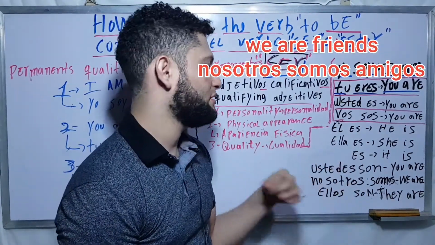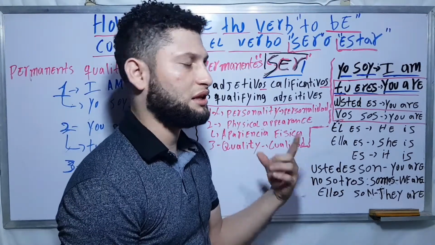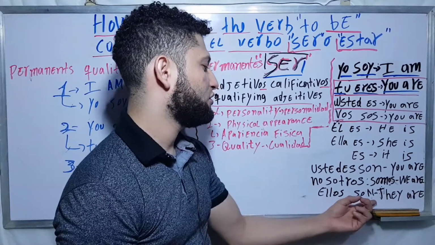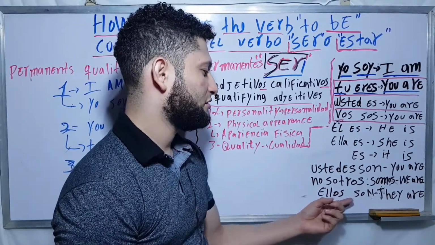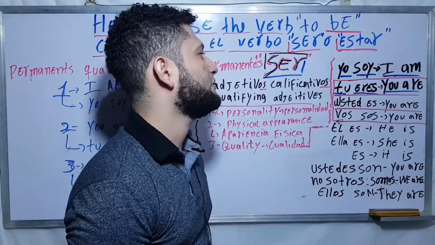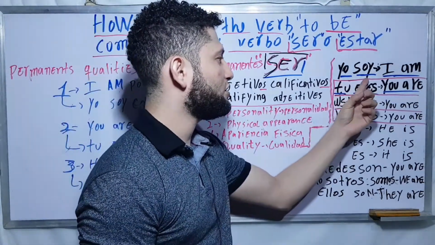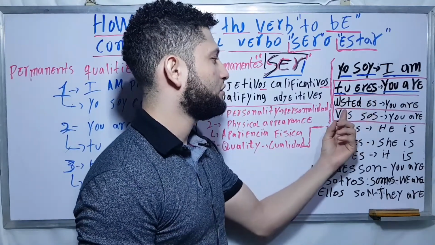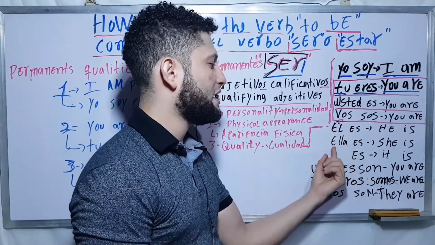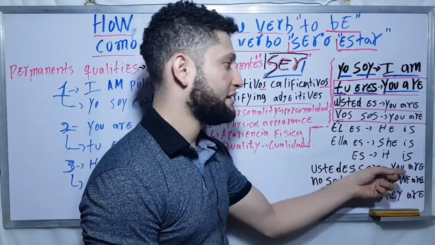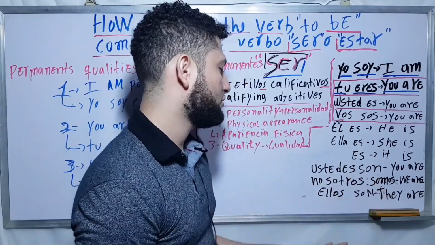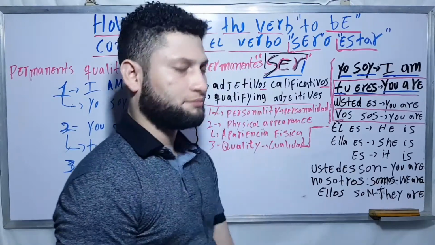They are, ellos son. Once again, quickly: yo soy, tú eres, usted es, vos sos, él es, ella es, ustedes son, nosotros somos, ellos son.